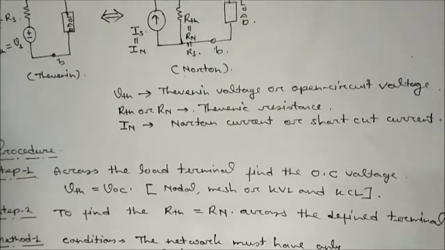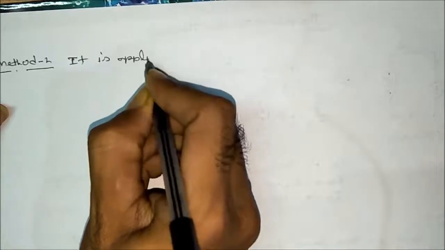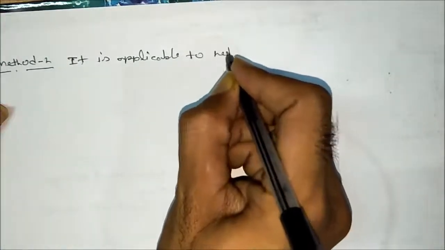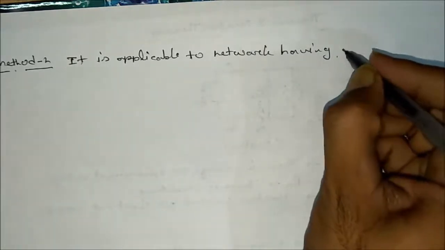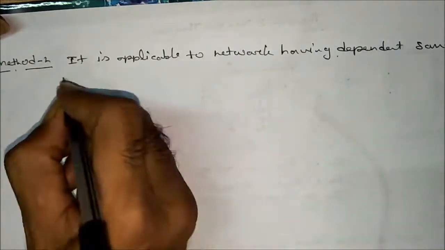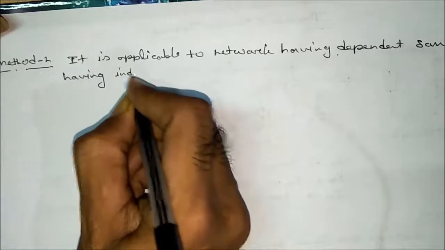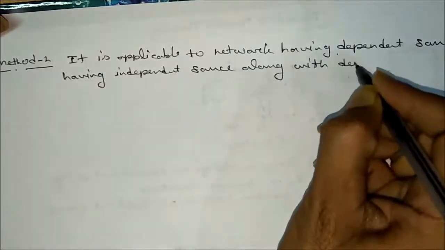Now method 2. It is applicable to a network having a dependent source, or having an independent source along with a dependent source.